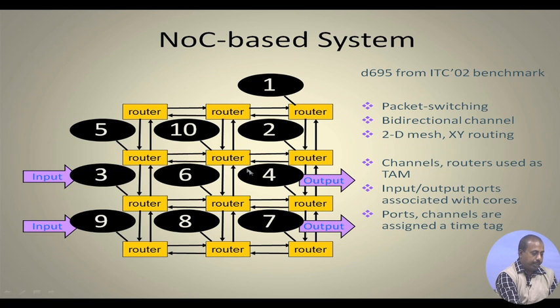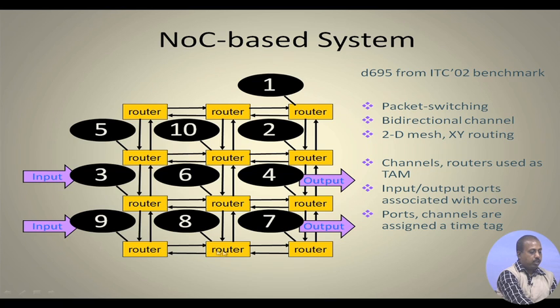For this entire operation, the routers that were needed were this one, this one, then this router, and again for the response. So only these 4 routers were utilized, and these links were utilized for doing the testing. At that time, if we were trying to test, say, core number 8 through the other channel, that is very much possible, because from 9 we can send the test pattern.